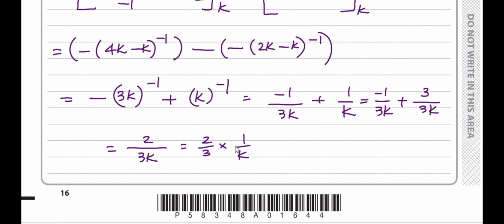So the result is inversely proportional to k. So we can say this is inversely proportional to k because k is in the denominator here.